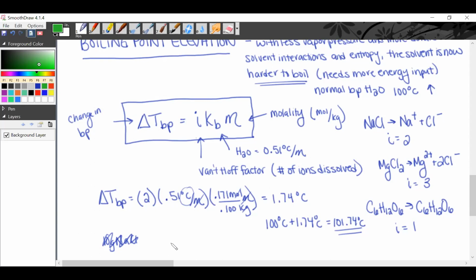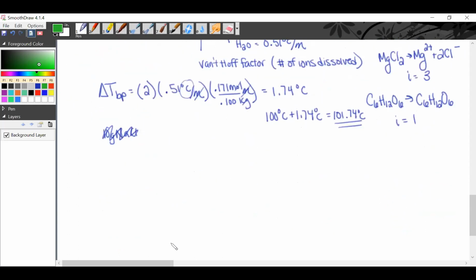But if we've already made it really messy by dissolving a bunch of solid in it, it's even harder to get that stuff to freeze. This is called freezing point depression. And there's a really good real-world example for this as well, more important than your salty pasta.